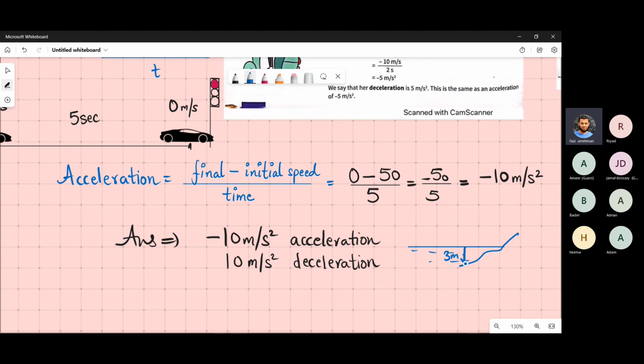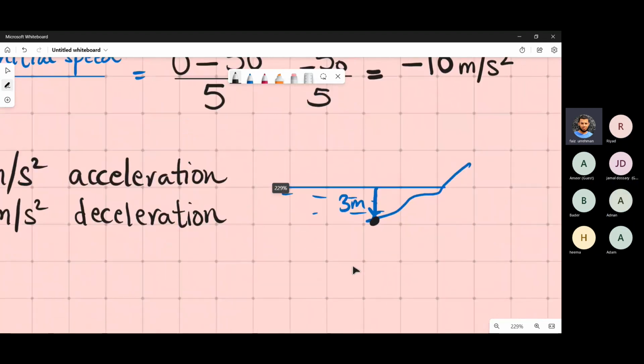There are two ways to tell this. You can say the rock is minus 3 meters, or you can say it is 3 meters below.